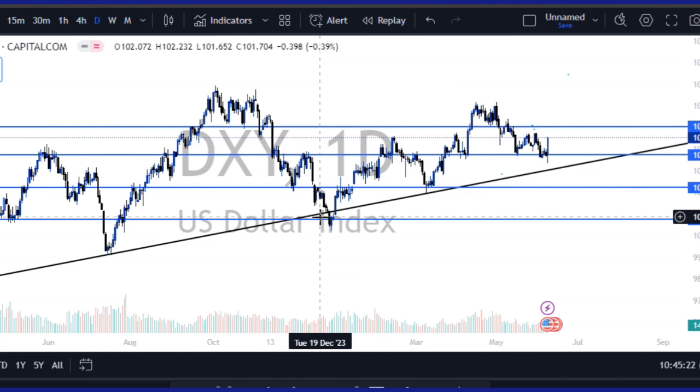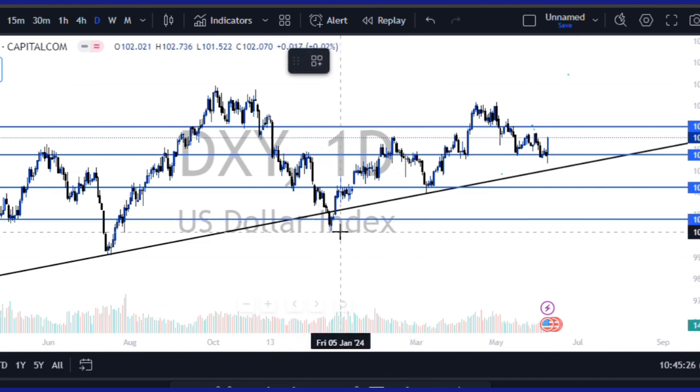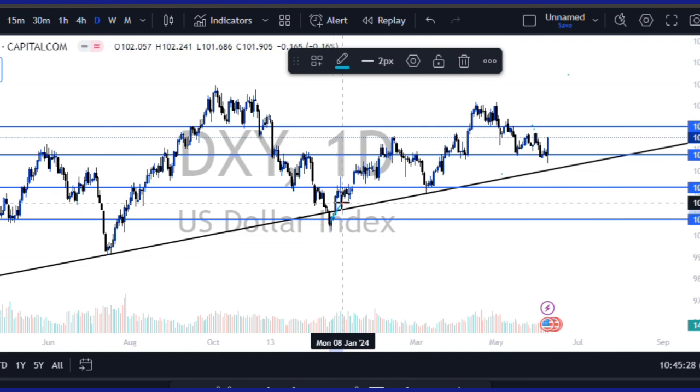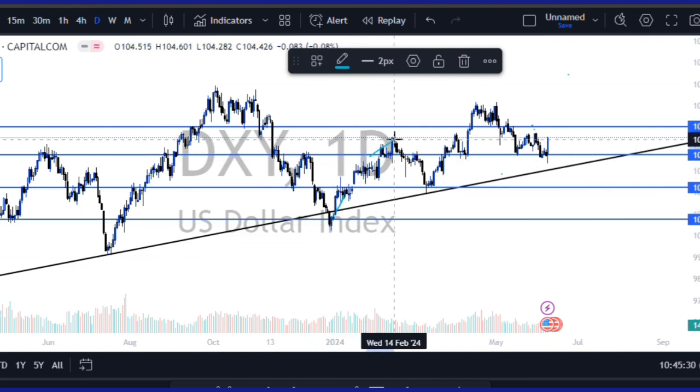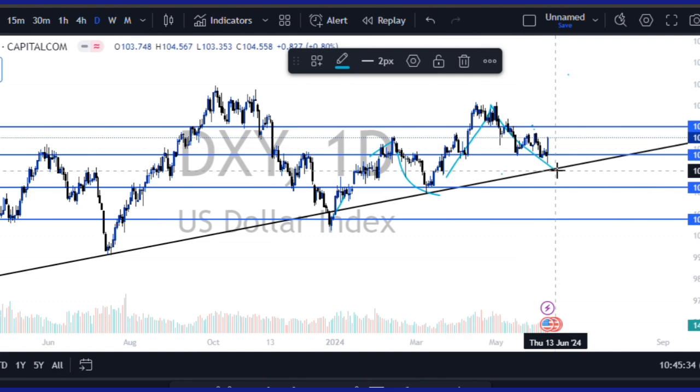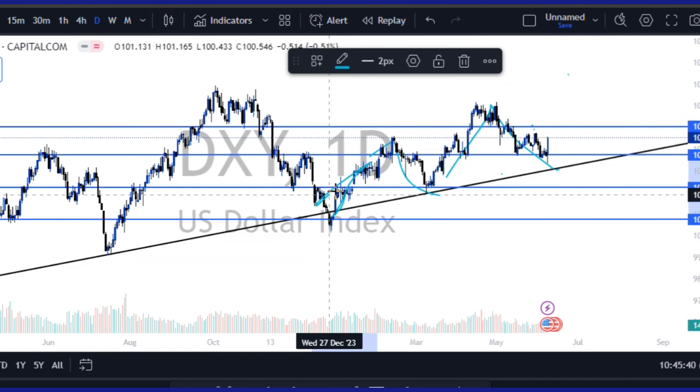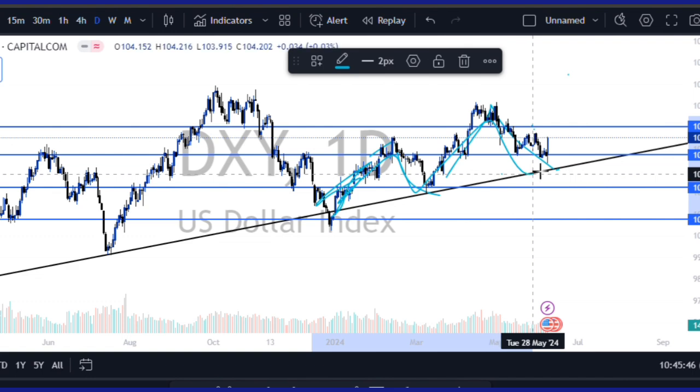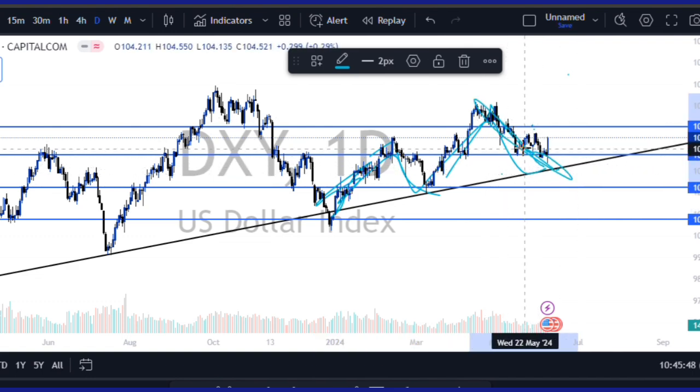On a weekly time frame, you can see this market is forming a higher high and a higher low. These are impulsive moves, and this is a correction. Impulsive, a correction. So this one here is a correction.